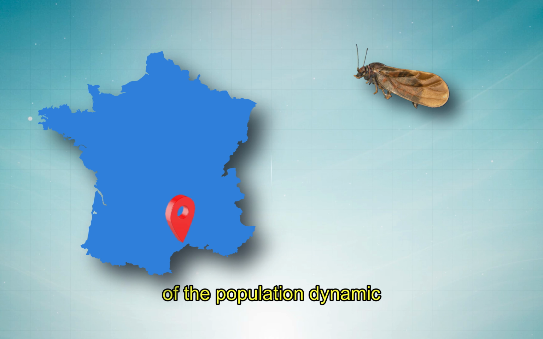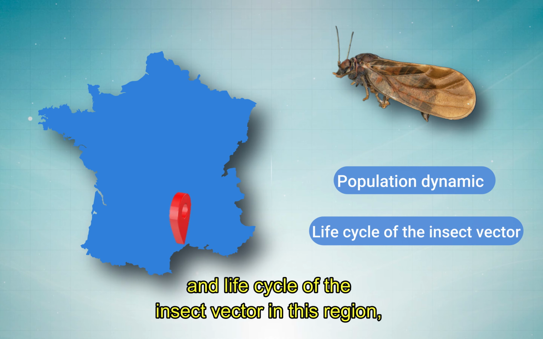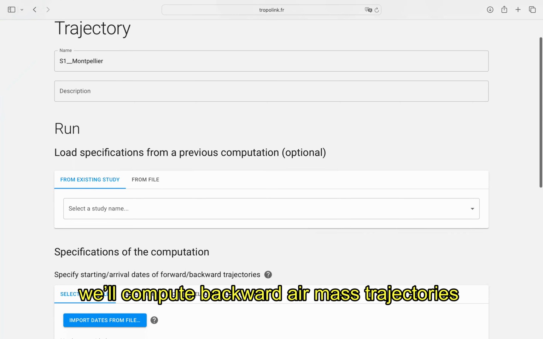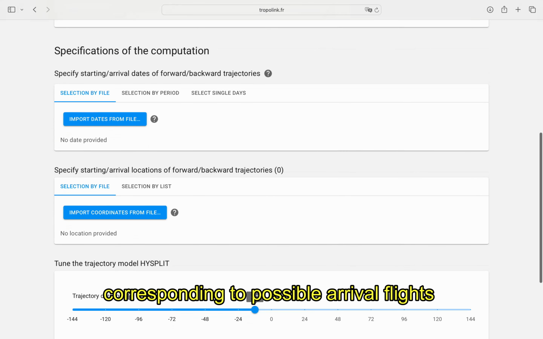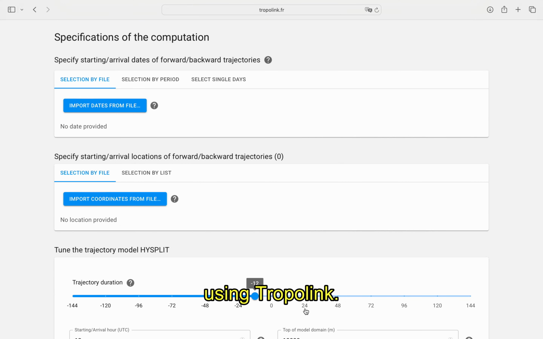Leveraging our knowledge of the population dynamics and life cycle of the insect vector in this region, we'll compute backward air mass trajectories corresponding to possible arrival flights of the psyllid in orchards in spring using Tropolink.